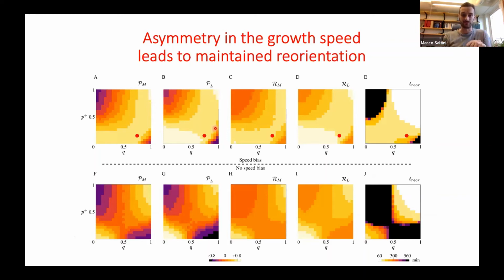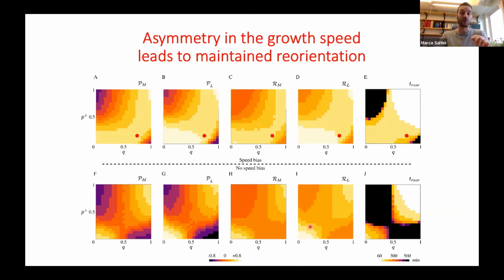Now, let me guide you through these heat maps in a very simple way. These heat maps represent how efficient and how fast the reorientation is when we change the parameter P+, which was the probability of stabilization after severing of newly created plus ends, and when we change Q, which was the preferential severing for longitudinal microtubules. In the top row, we have this efficiency and speed of reorientation in the case in which we have a bias in the speed.